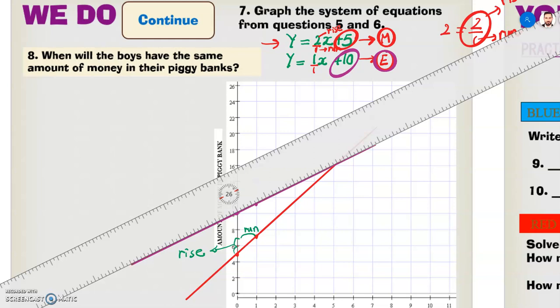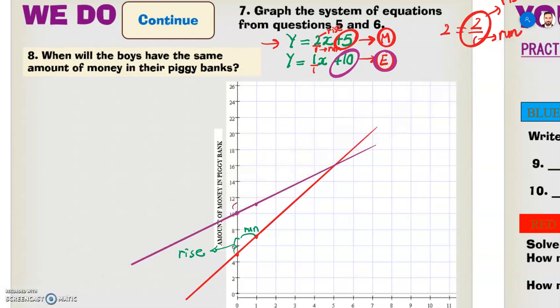Like this. Here the 2 lines meet at the point 5 and 16. So I will write 5 and 16 as our solution.